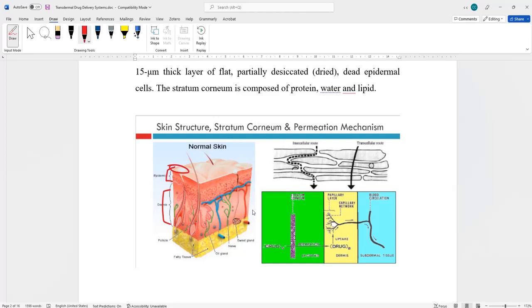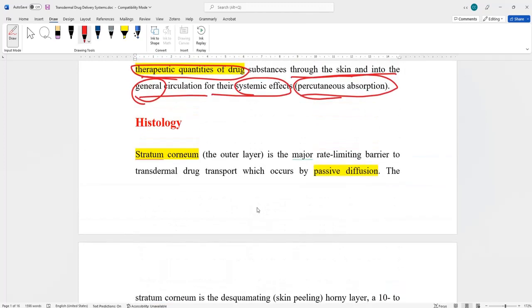So what we need to know now is that the stratum corneum is the major rate limiting barrier. What does it mean? It means you cannot control the rate of absorption just through the transdermal drug delivery system, because you have a barrier, and this one is the one that is controlling the whole process.